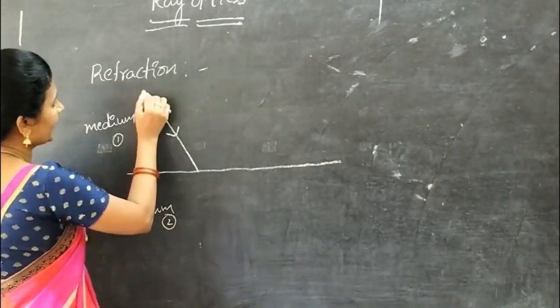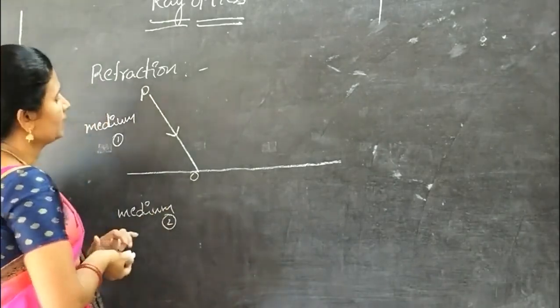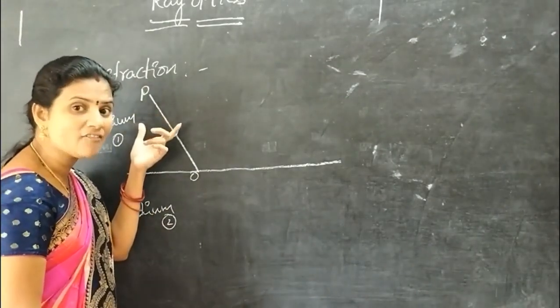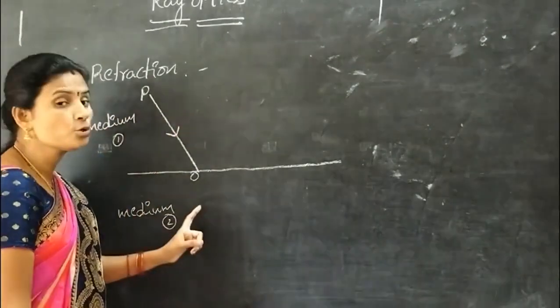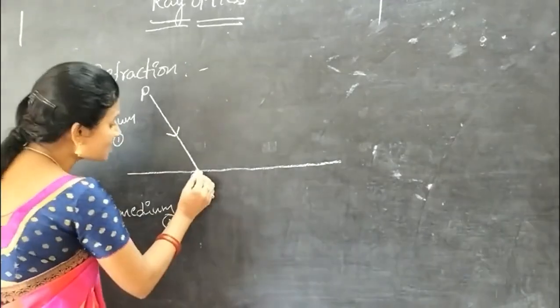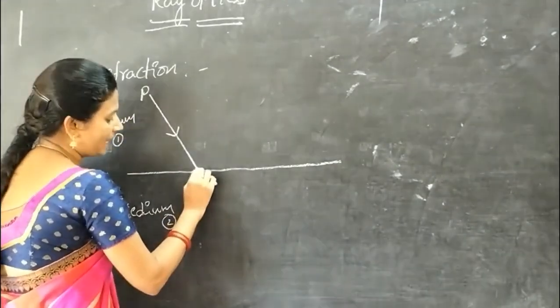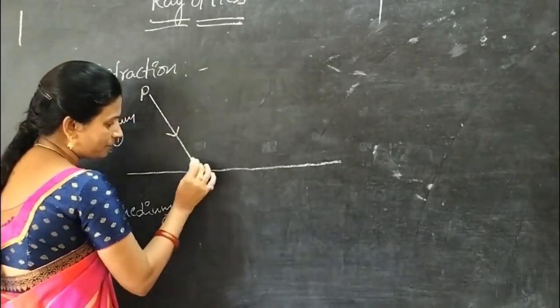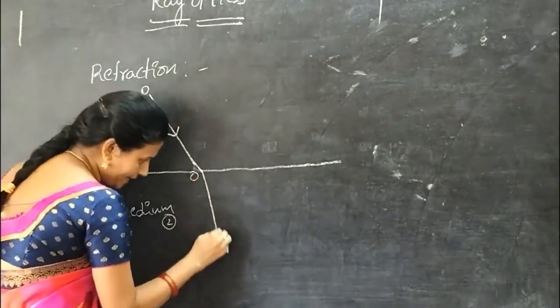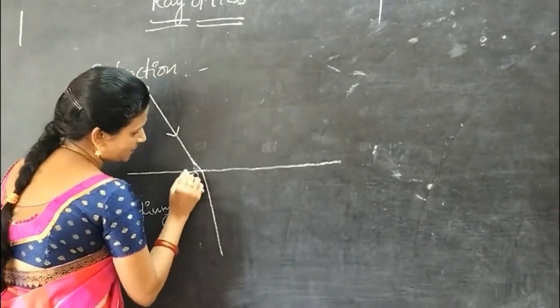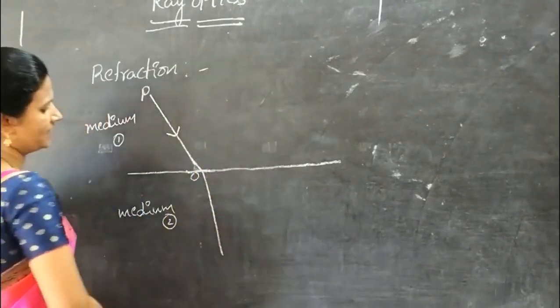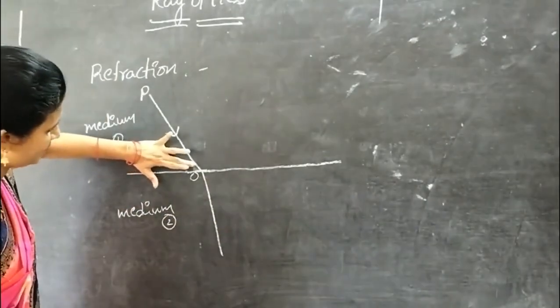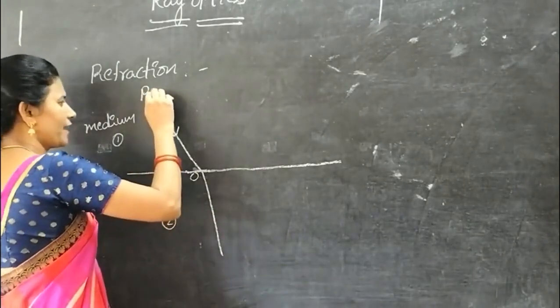Here the light ray PO, at the separation of the medium, bends. This property is known as refraction.